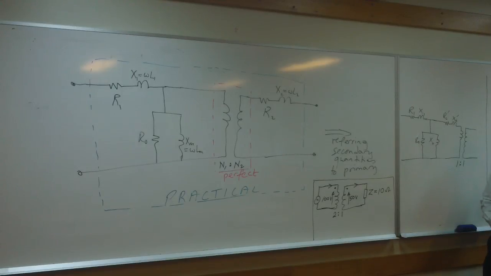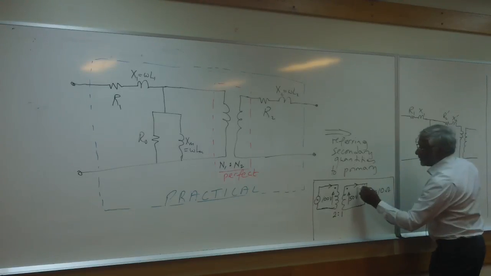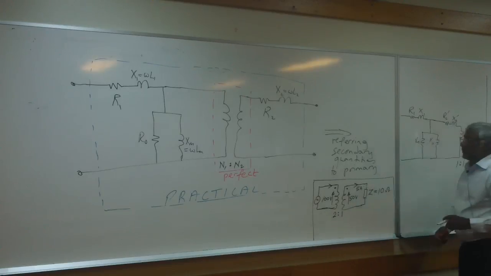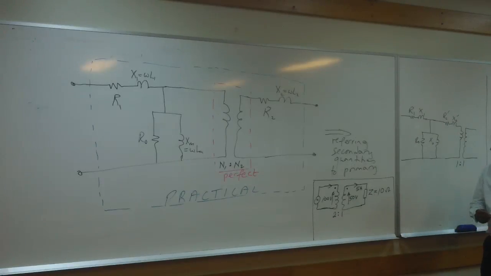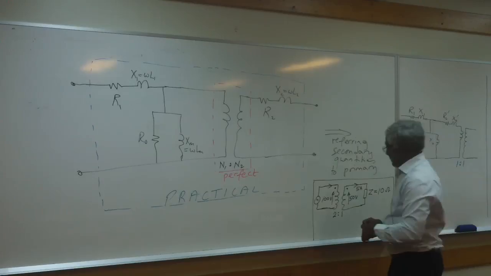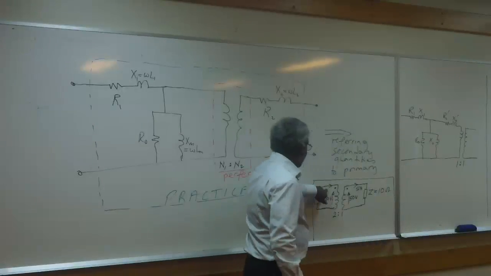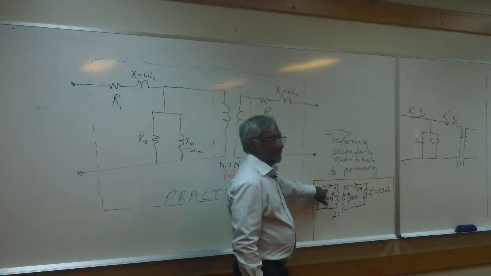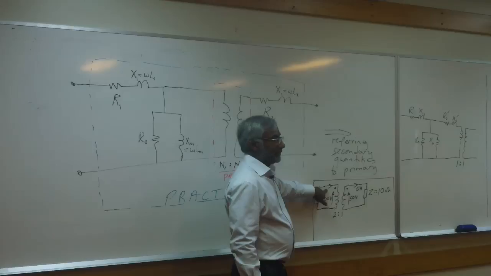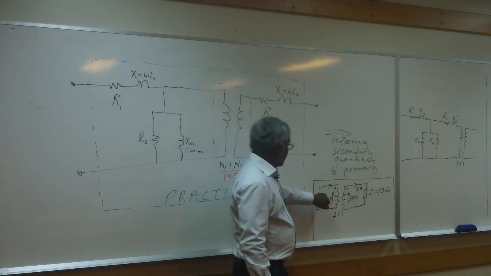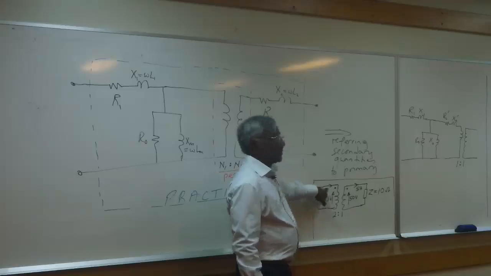And what would this current be? 5. Yes, that's good. So it would be 5 amps. Okay, that's perfect. So what is this current on that side? This one here on the primary side.